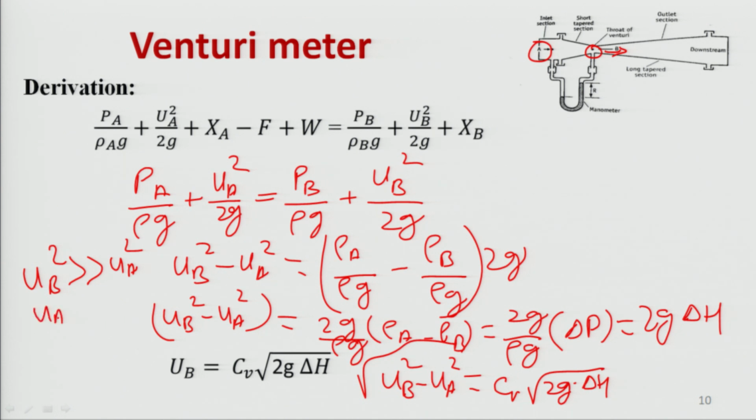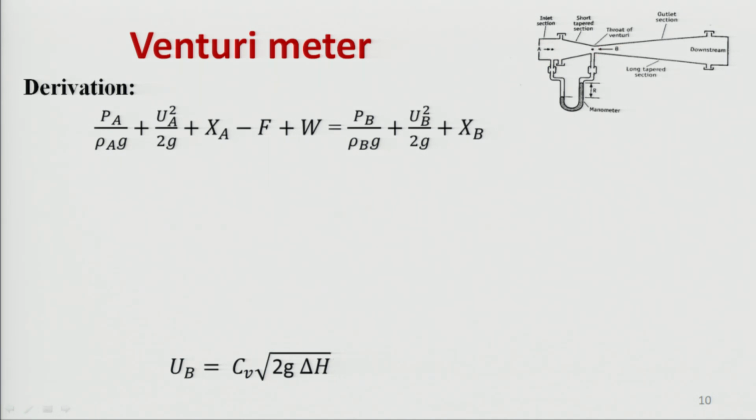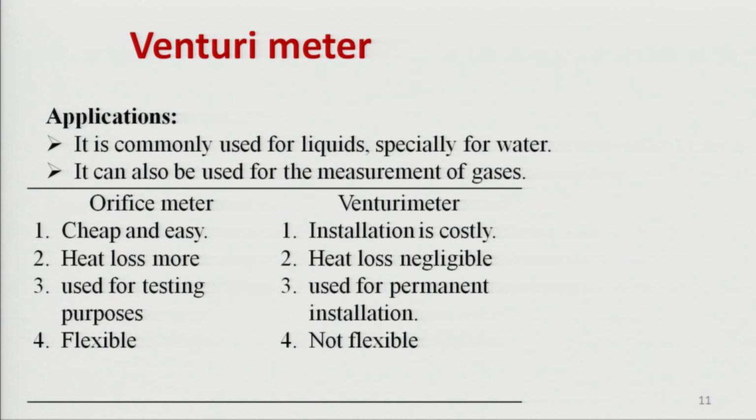So, u_A square is negligible and can be taken as 0, then u_B is equal to C_V root over 2 g delta h. So, this is the final equation of the Venturi meter through which we can determine the rate of flow of fluids.